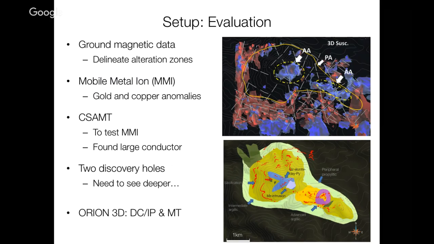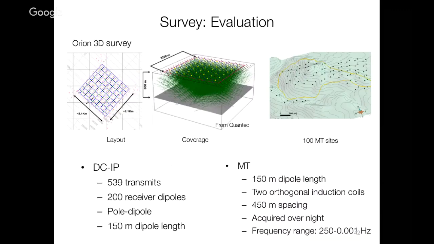So now they use, this is Quantec, a 3D Orion system, which does both DCIP and MT. So this is kind of how that works. Now you're in 3D, and we're back to that situation where you just don't know where things are. So you want to make sure you've got as maximum coverage as possible.